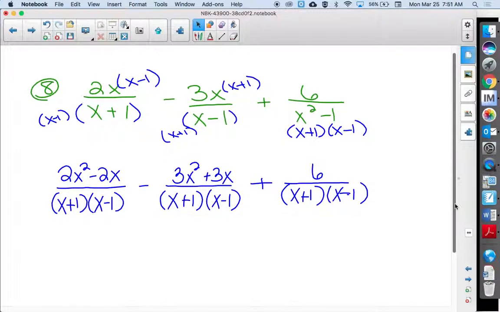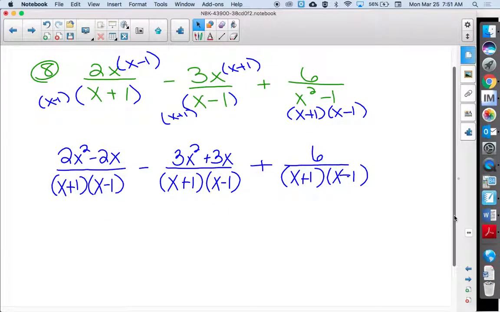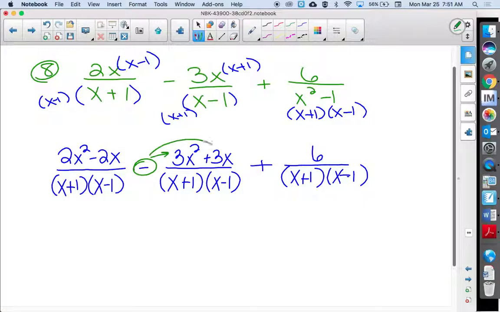So again, we're going to combine all the like terms on the top, except this middle value has a minus sign. So we have to make sure that we're subtracting. So when you look at the top, Abby, what like terms do you see that we can combine together? Yeah, so 2x squared minus 3x squared, that gives you negative x squared.